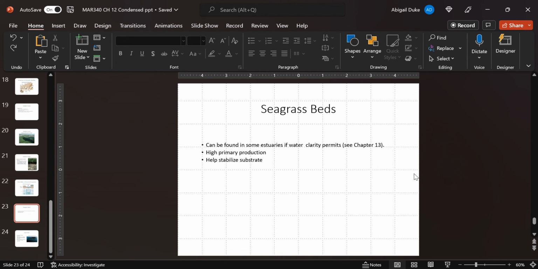Seagrass bed. It's also saying if clarity permits, because remember, usually there's not much clarity in these places. I don't know if this is even talking about seagrass beds. In all honesty, this is out of order from a lot of things.